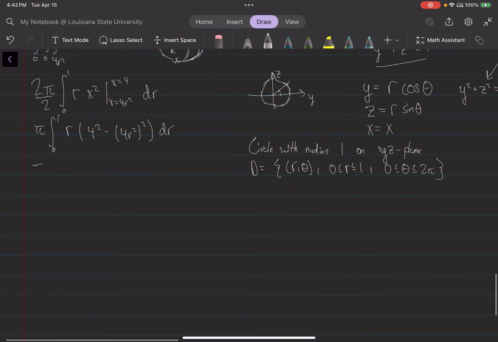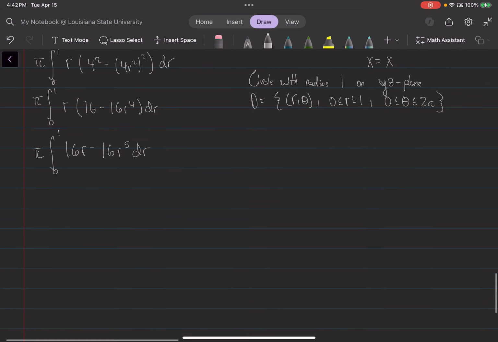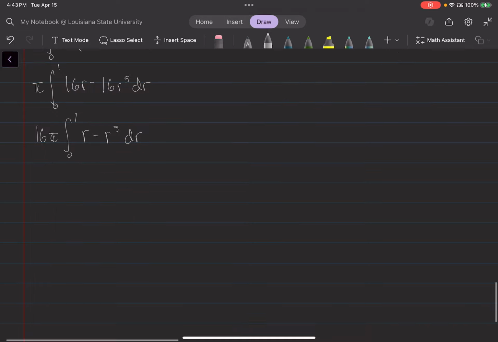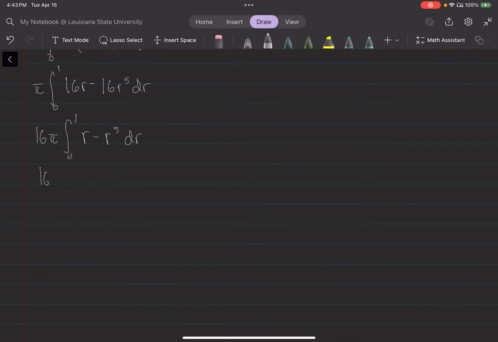From here, it's mostly simple algebra. Then we could factor out 16, a constant multiple. And then this is another simple power rule.